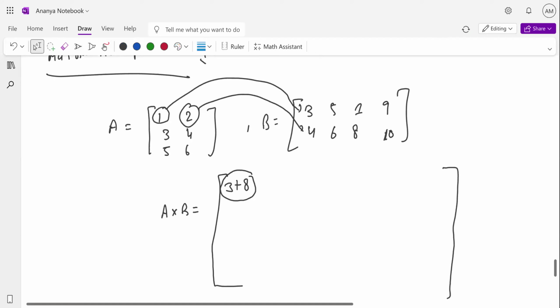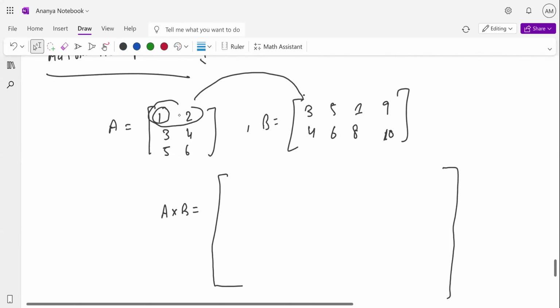Now, if you see carefully, when I am multiplying my row with any column, I have to add after each multiplication. So the number of columns in the first matrix should be equal to the number of rows. Is it?